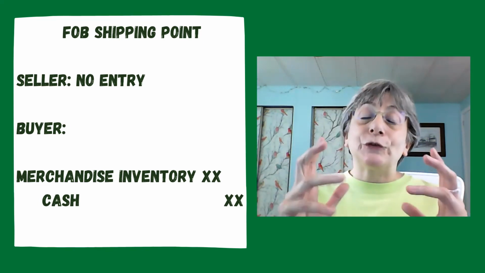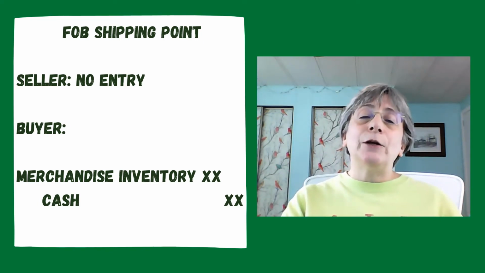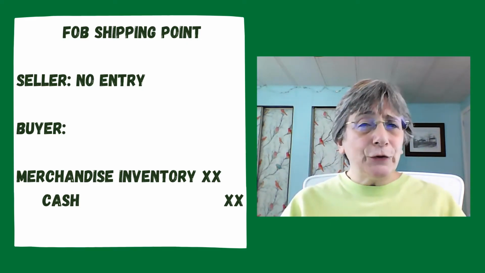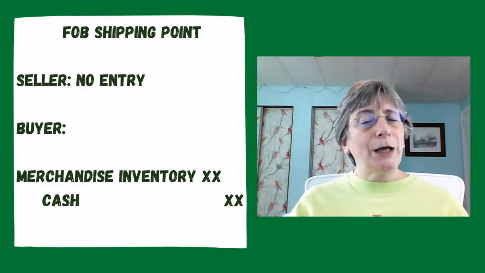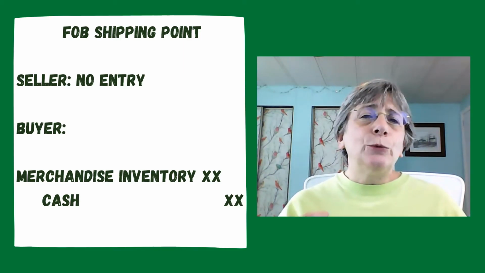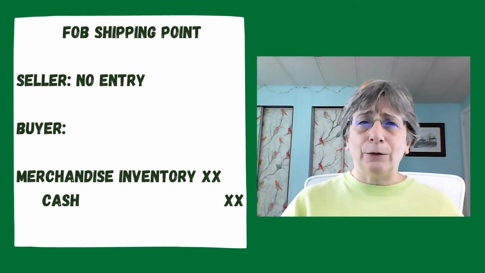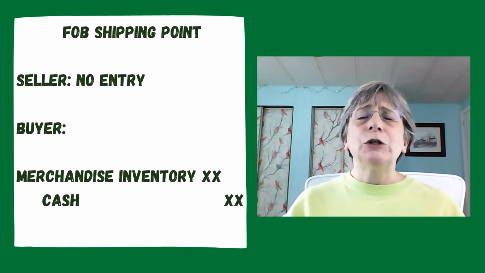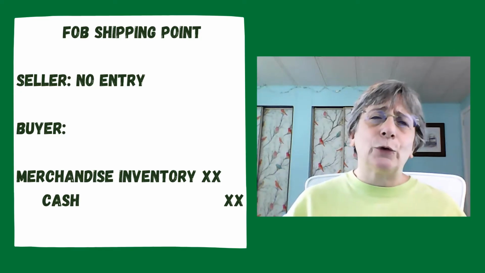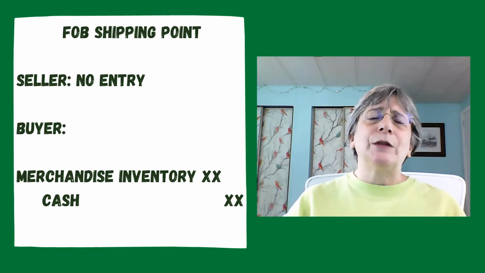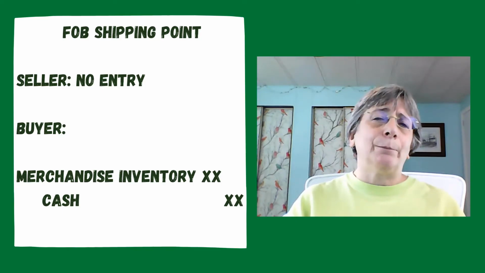So for the seller there is no entry in this case because the buyer is bearing the cost. On the buyer side, assuming that we are using perpetual inventory, we're going to add that cost to our inventory amount. We put it into merchandise inventory if we're buying things for our store, for example, because this recognizes that it is part of the cost of buying that merchandise.